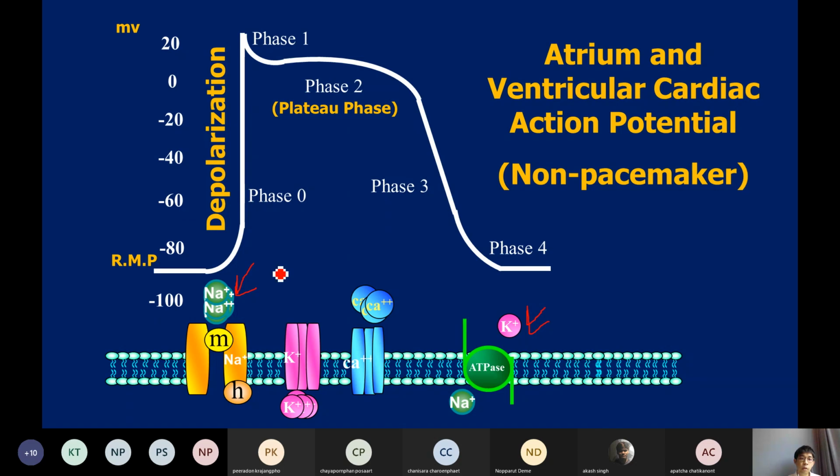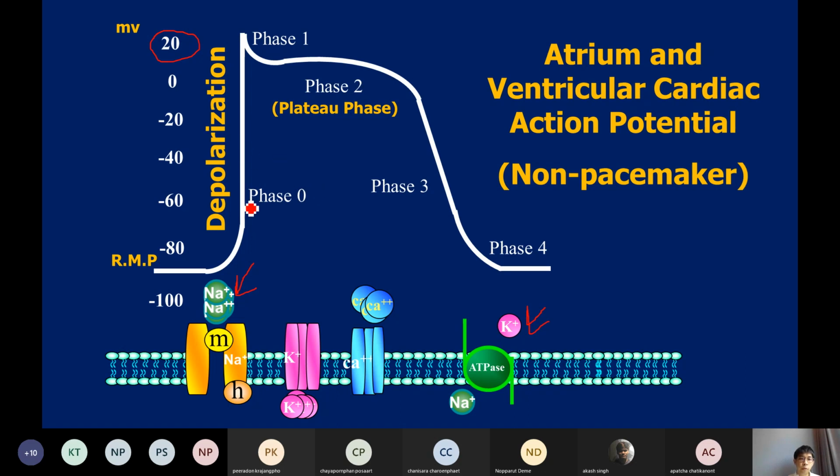The depolarization is caused by the inflow of sodium into the cells, which makes the membrane potential positive, to about 20 millivolts. Because sodium is a positive ion, this leads to an overall positive membrane potential. This is called phase zero of the cell.